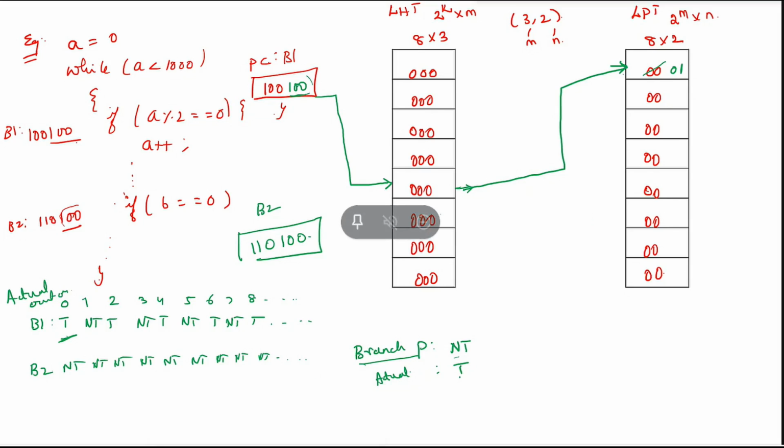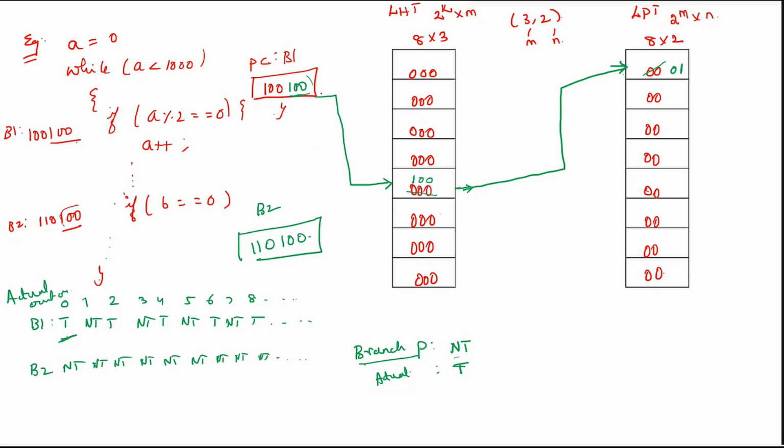And the second step: these things will work as shift registers. So this one has to be pushed in on the left side. Instead of 0, 0, 0, it is now 1, 0, 0, since the outcome was taken. These two things we need to do.